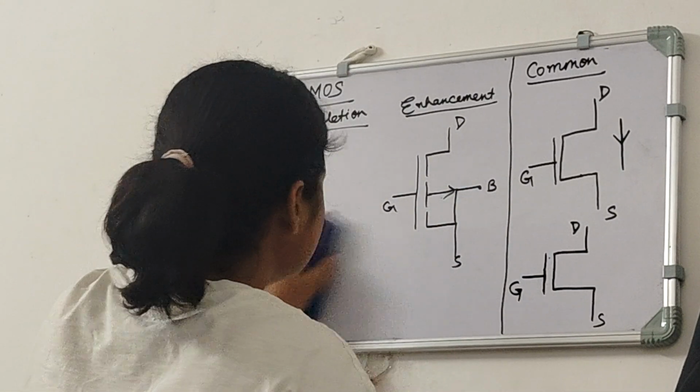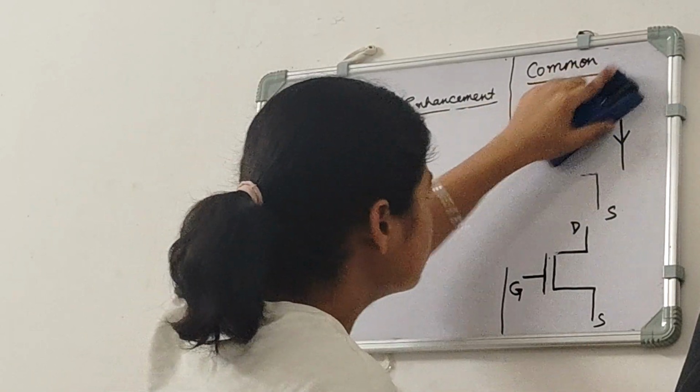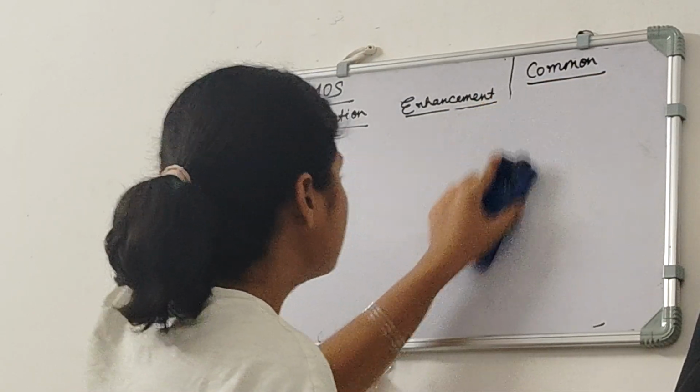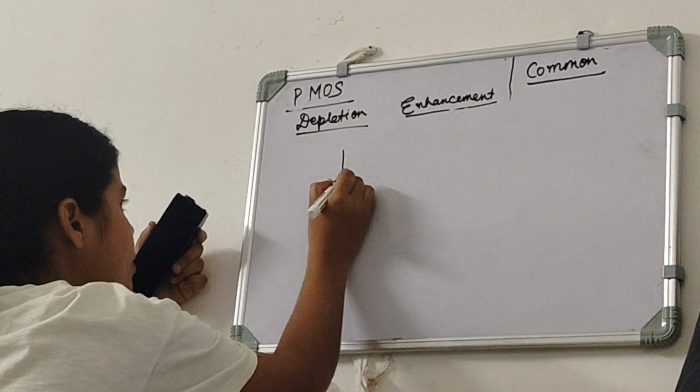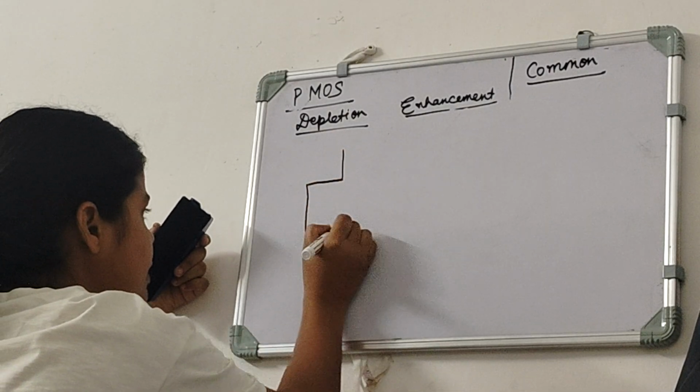Let me draw it from the starting. So if we draw the depletion type PMOS, it will be like this.